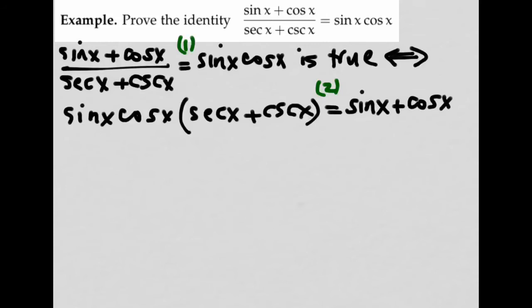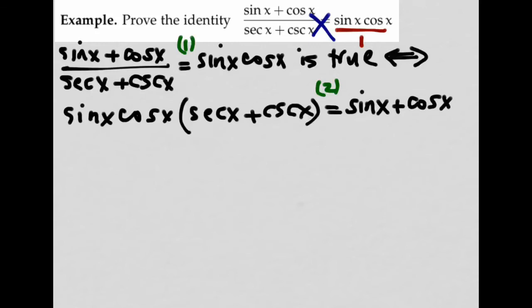Well, let's see. Assuming that equation 1 is true, simply think of sine x over cosine x as sine x over cosine x times 1 and cross multiply. If you do that, you wind up with equation 2. So we showed that if equation 1 is true, then so must equation 2.